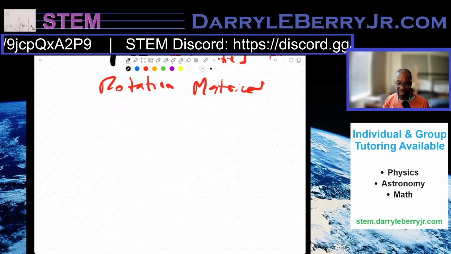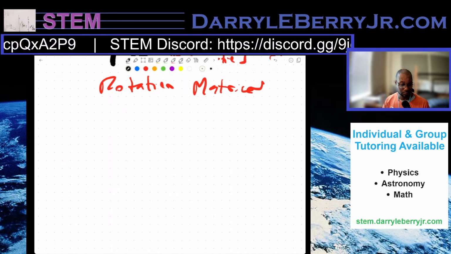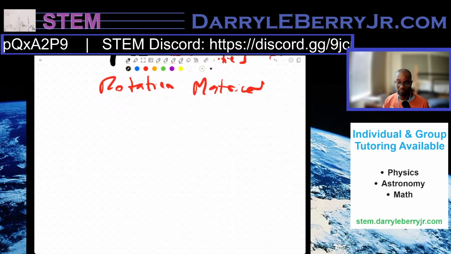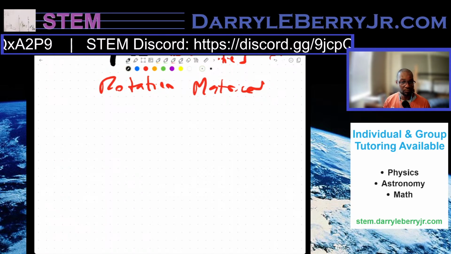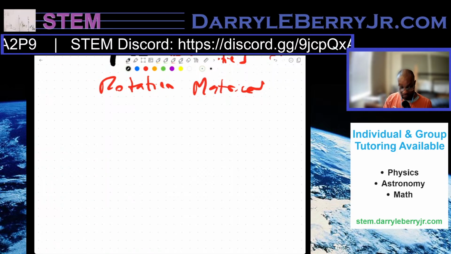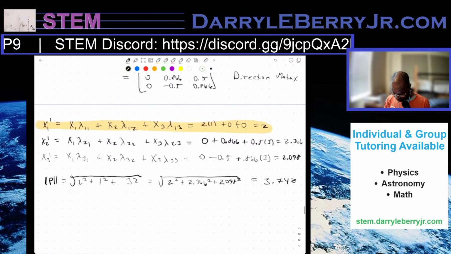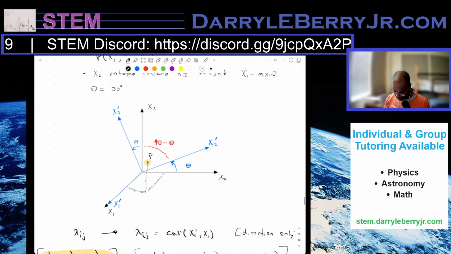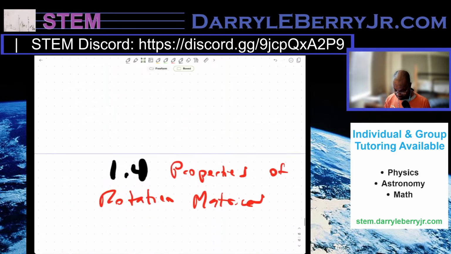So let me draw out what they have here. So we have a regular axis like we drew before. Well, actually, it'd probably be better just to write it over.